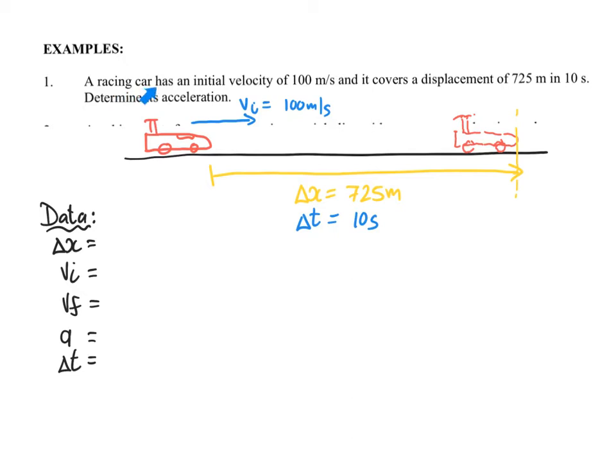So a racing car has an initial velocity of 100 meters per second, and it covers a displacement of 725 meters in 10 seconds. Determine its acceleration. Now, this is quite a straightforward question because the racing car is actually traveling in one direction.